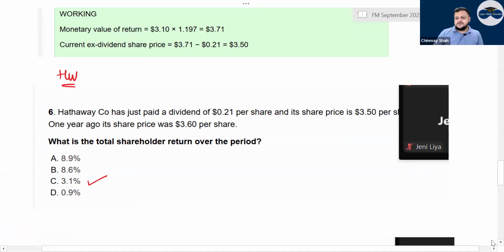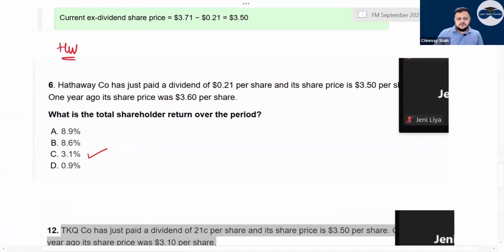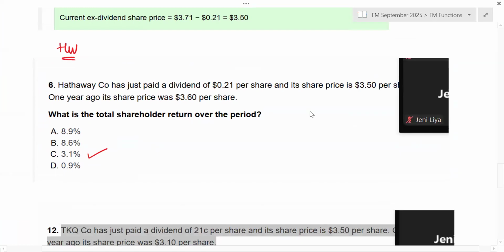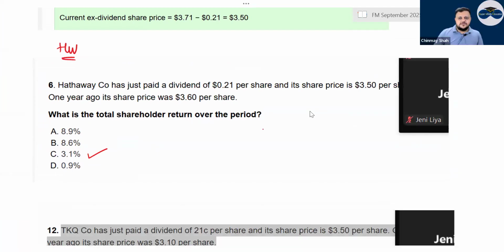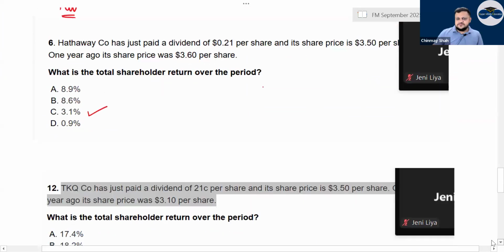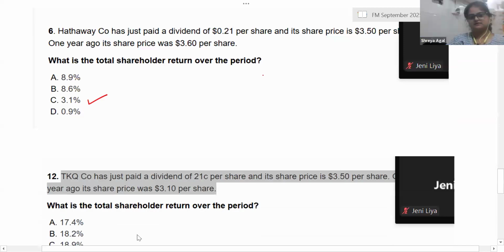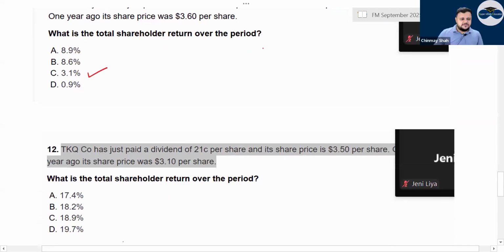Everybody got 3.1%? Everybody okay with it? Then what is the answer for the 12th? 19.7%. Everybody getting 19.7%?